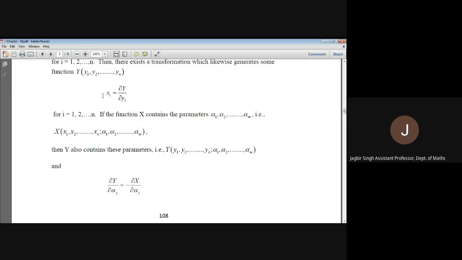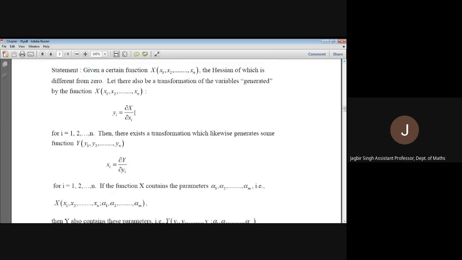So instead of yi, we will have pi, and in place of xi, we will have qi dot. So x will be replaced by L, y will be replaced by h, xi will be replaced by qi dot, yi will be replaced by pi, alpha j will be replaced by qj, and t also, but we are skipping t.